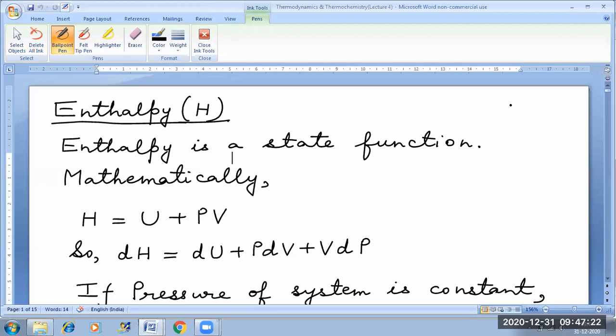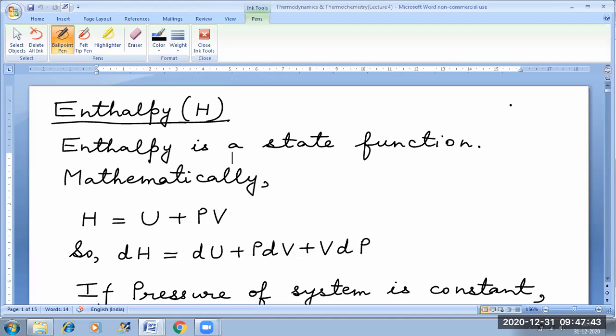Whatever energy flows because of differences in temperatures, we call that energy heat. But if the heat is flowing at constant volume, we call it change in internal energy of the system. If the heat is flowing at constant pressure of the system, we call it change in enthalpy of the system.